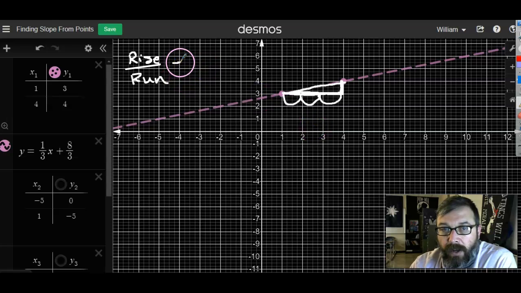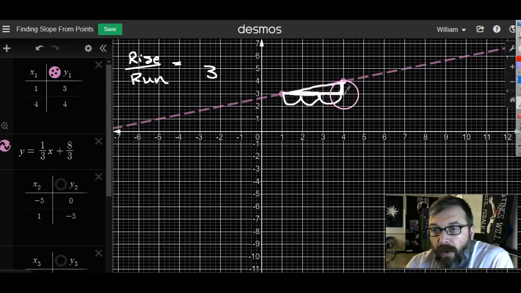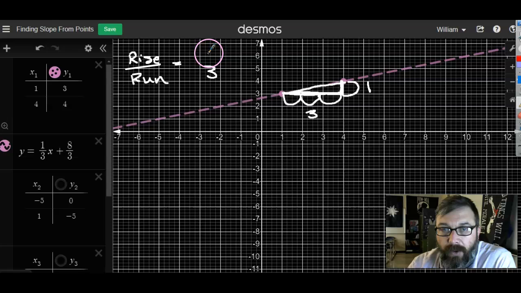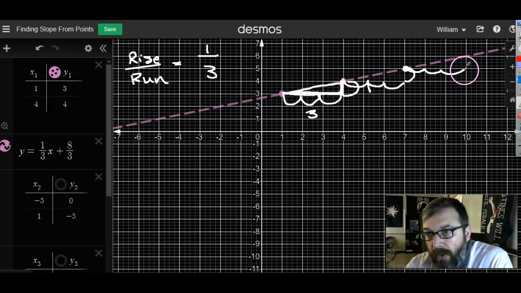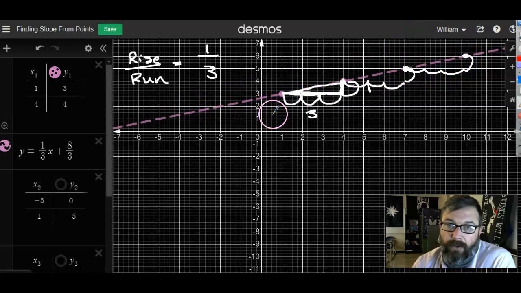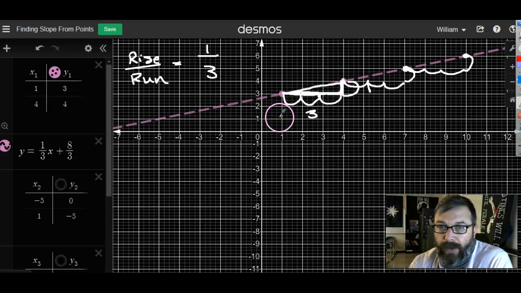My run on this particular line was 3, and my rise would be 1 because I'd go up 1. So anywhere on this line, if I went over 3 and up 1, I knew I'd find a point. And I can see that ratio goes throughout, 1 over 3.